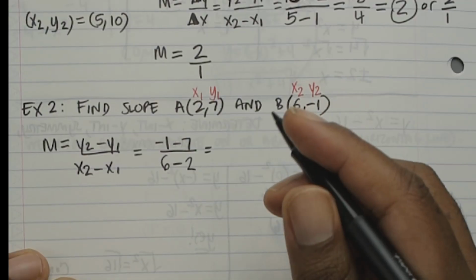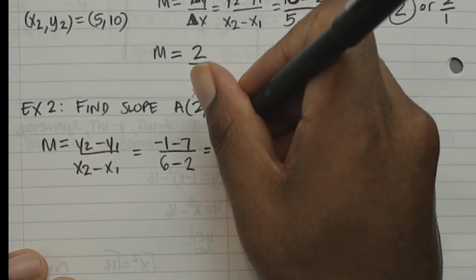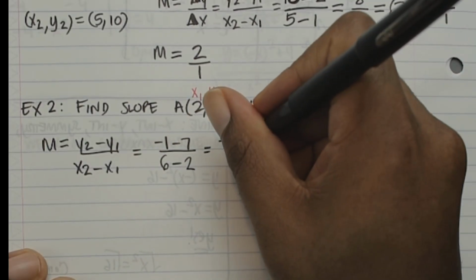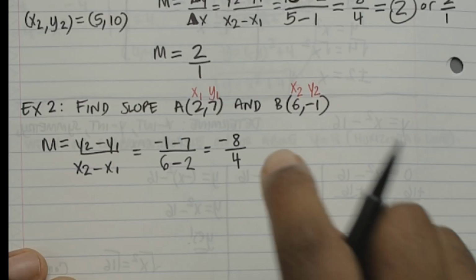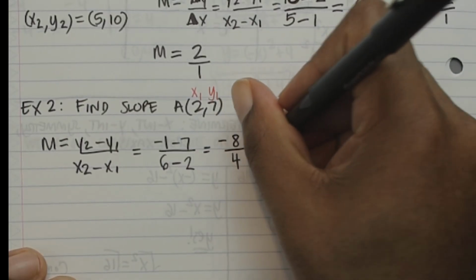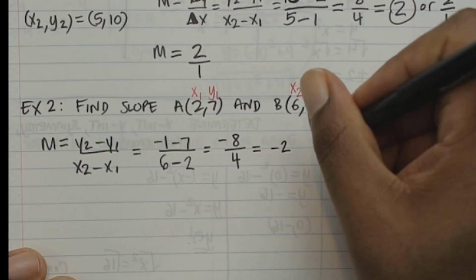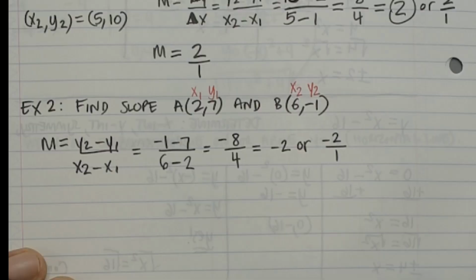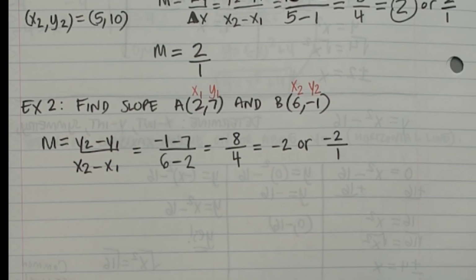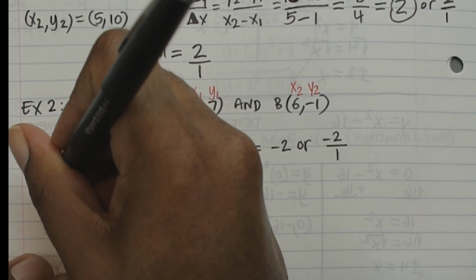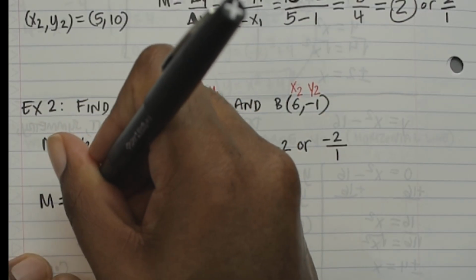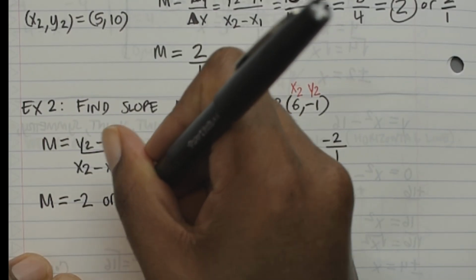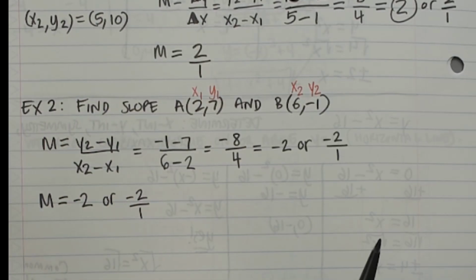And a negative 1 plus negative 7 is going to give me a negative 8. Divided by 6 minus 2 is going to be 4. A negative divided by a positive is going to give me a negative. So this is negative 2 or negative 2 over 1. And again, both of those answers are true. So m is equal to negative 2 or negative 2 over 1.